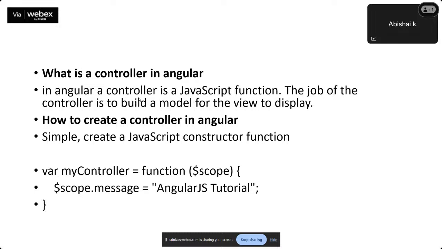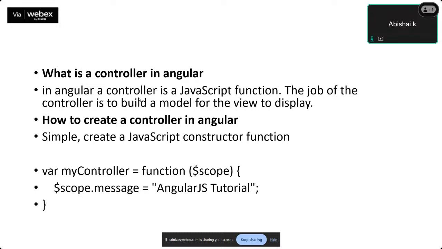So the main job of the controller is to build a model for us to display. The model itself is the data, and this data will be saved in the database. From the database, it will retrieve the data, and it will use that data to display.